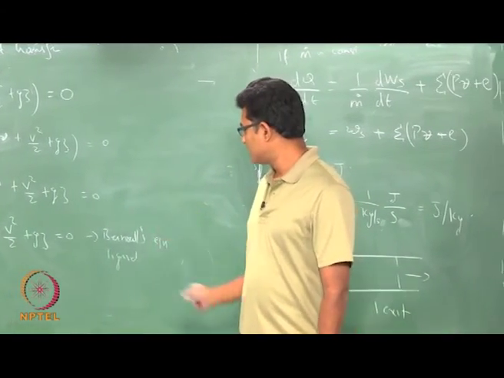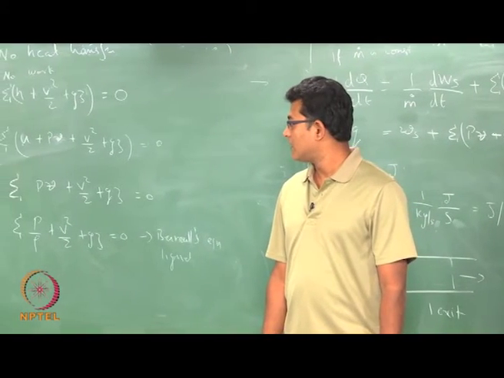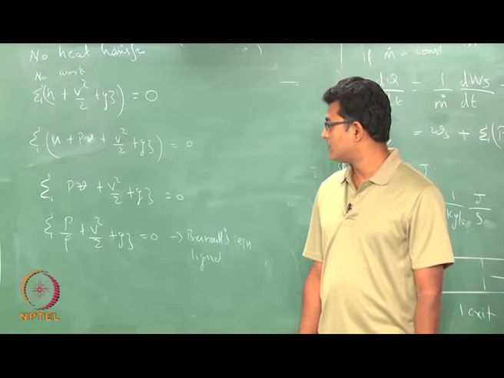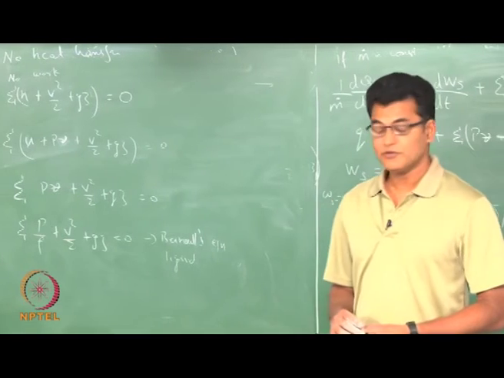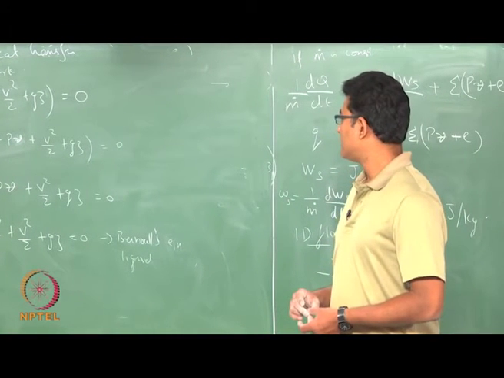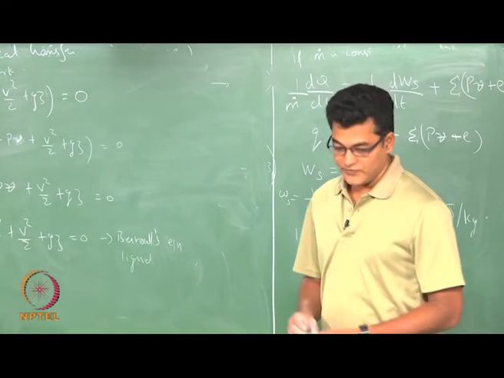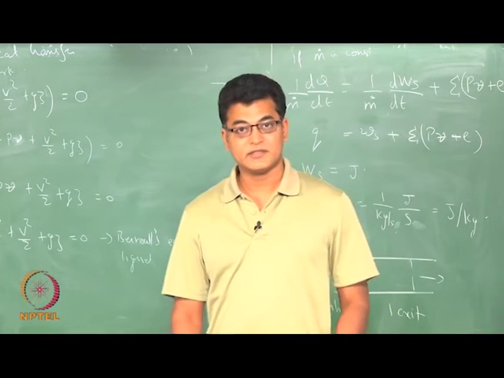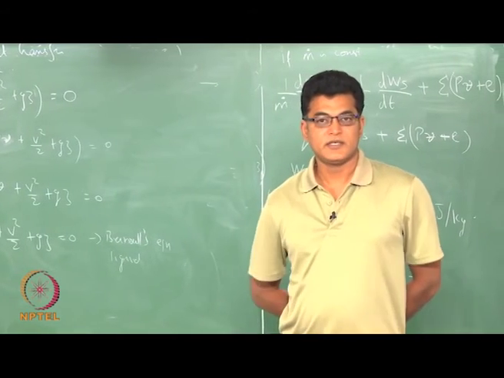So, we will be using some of these equations for further discussion in our course. For the time being we will restrict ourselves to 1D flows, and we will do some examples and see how this can be applied to some of the applications.